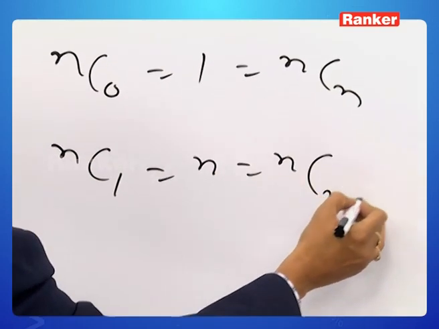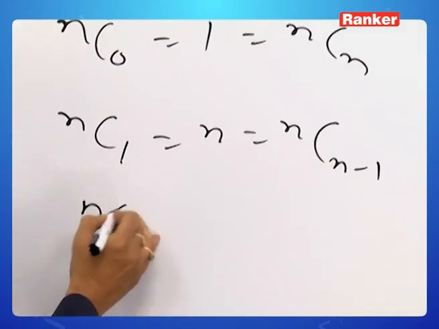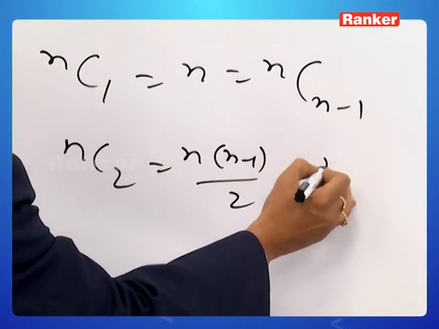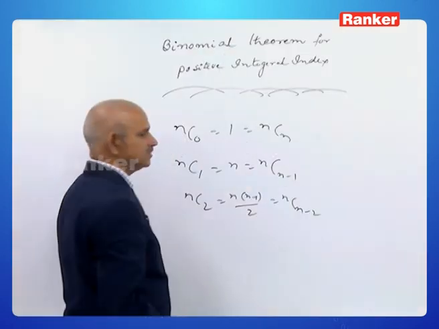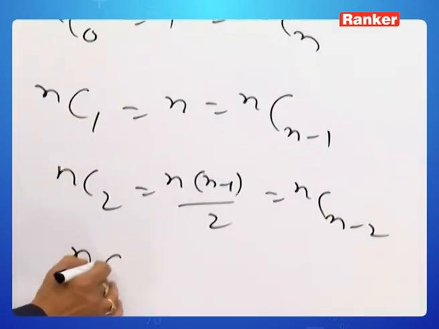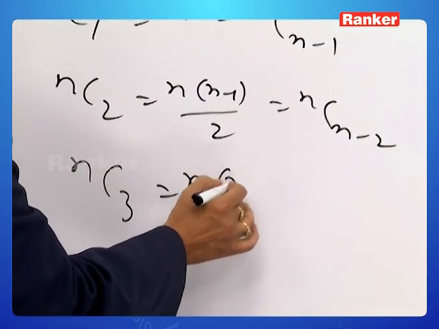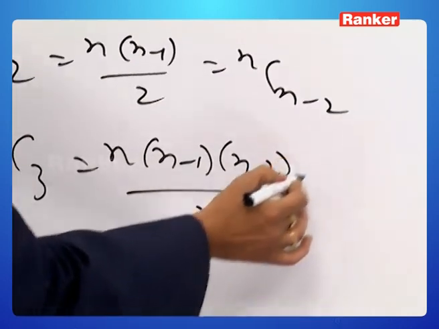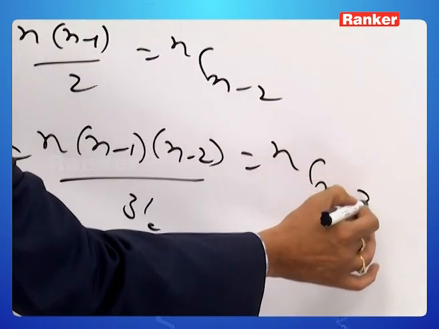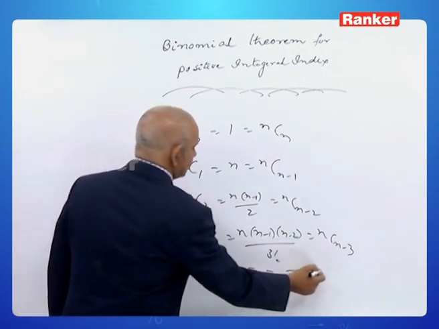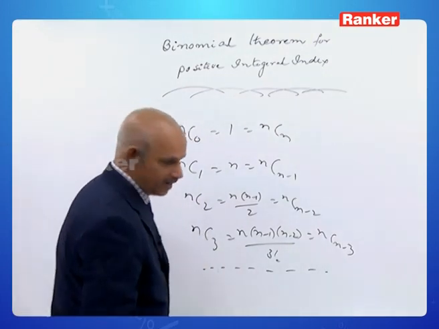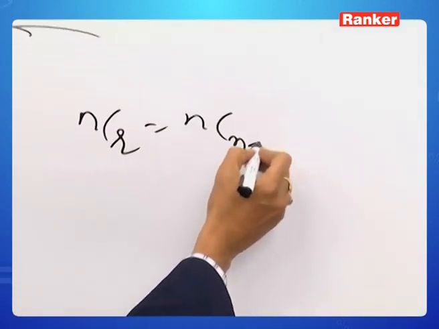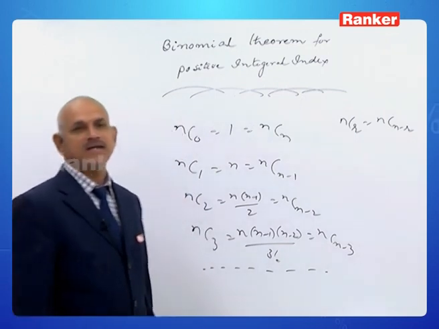This is again nC(n minus 1). nC2 is equal to n into (n minus 1) by 2 factorial, and it can again be written as nC(n minus 2). Like that, nC3, let us recall the formula, or rather definition, by 3 factorial. This is again written as nC(n minus 3), and proceeding in this way, we can also write nCr is equal to nC(n minus r).